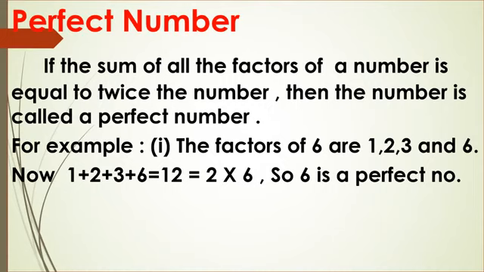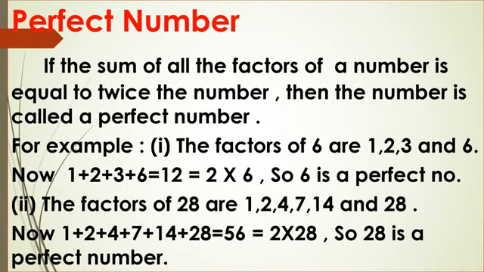See one more example. Now I am taking a number 28. Make the factors of 28: 1, 2, 4, 7, 14 and 28. Find out their sum. When you find their sum, you will get 56.